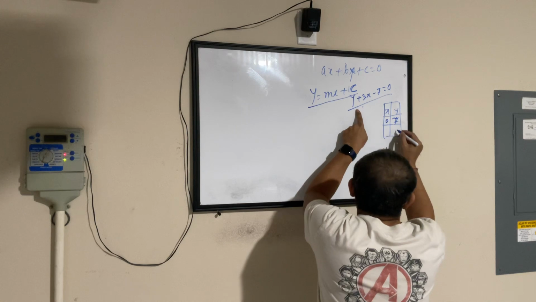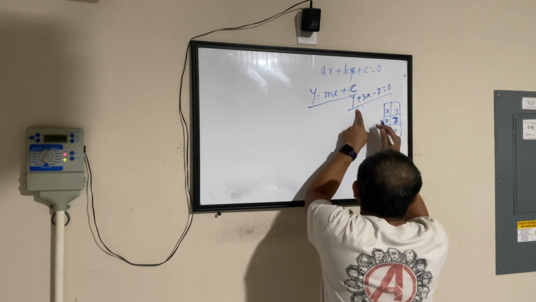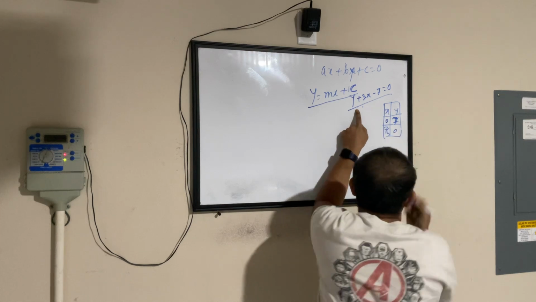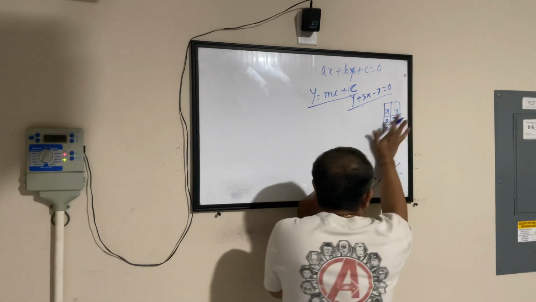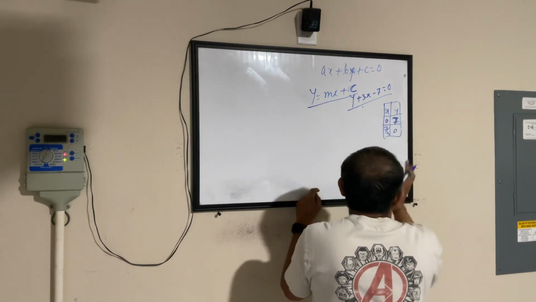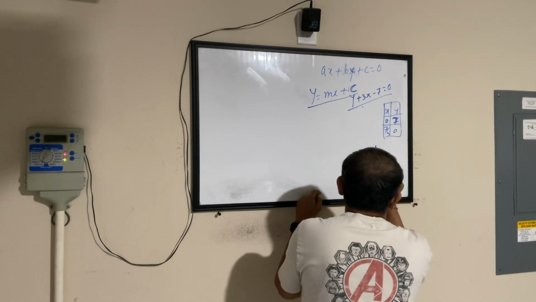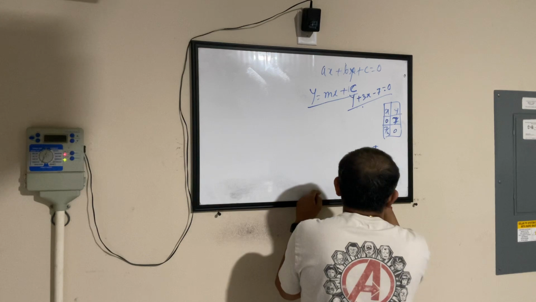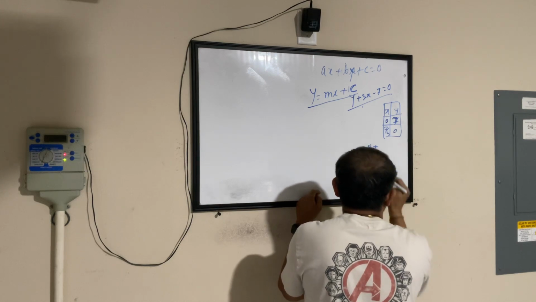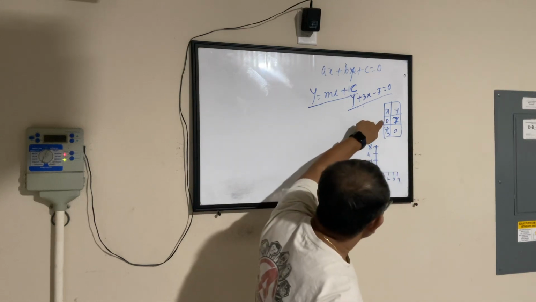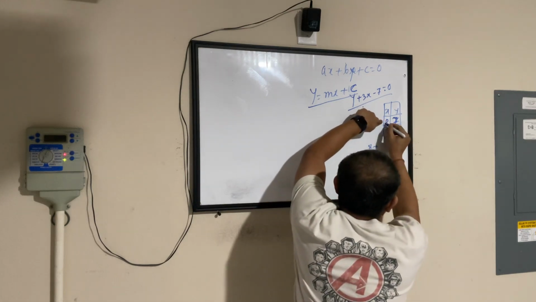When y is 0, x is 7 by 3. So we looked at this and we plotted the line, with 1, 2, 3, 4 and 2, 4, 6, 8 on the axes. Now 0 and 7, meaning when x is 0, y is 7.